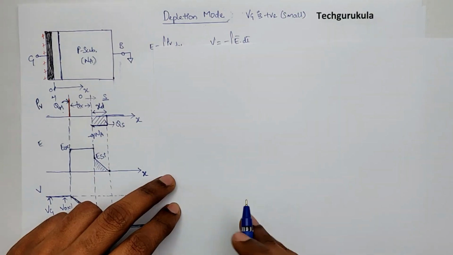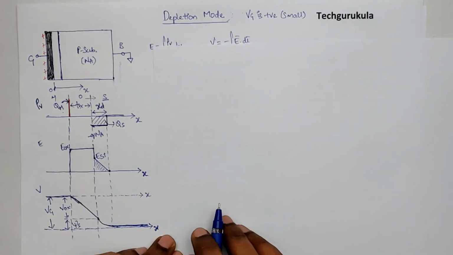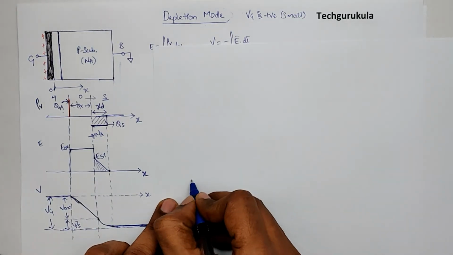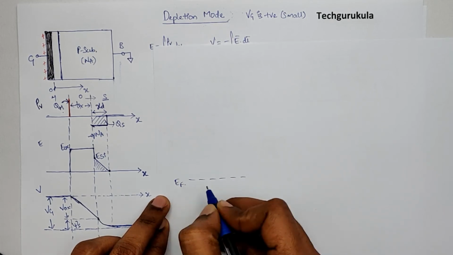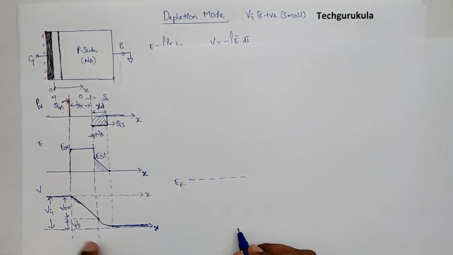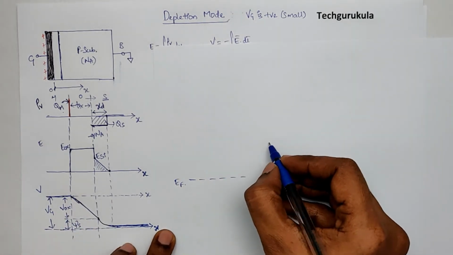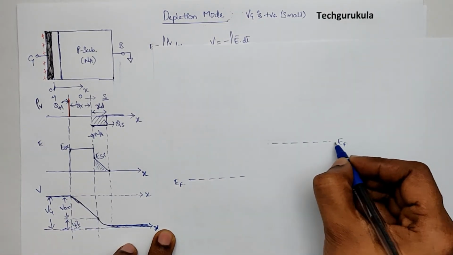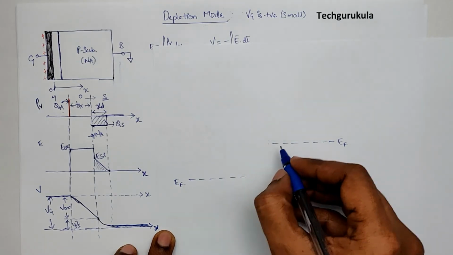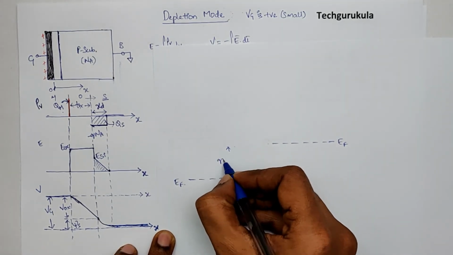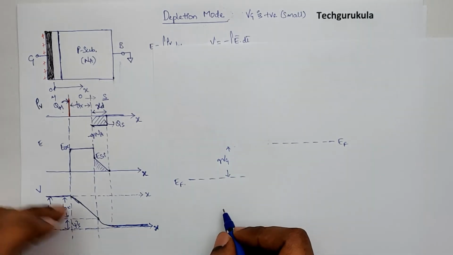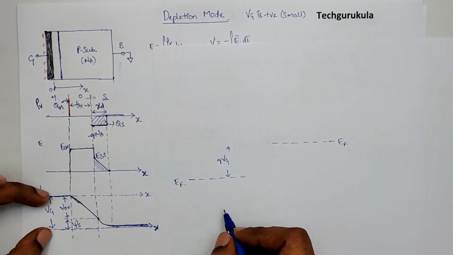So let's draw the energy band diagram and then discuss. To start with, the Fermi energy level of the metal and the Fermi energy level of the semiconductor. This is the Fermi energy level of the semiconductor. Now the distance between these two should be Q times Vg. That's what is derived here, right?